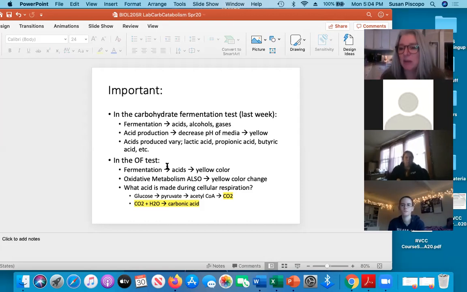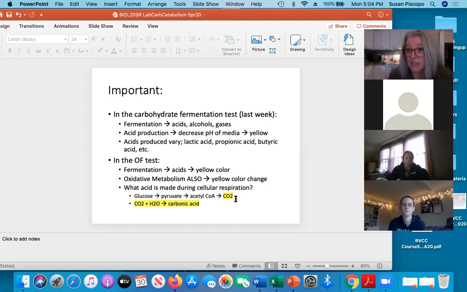We don't talk about cellular respiration in terms of making an acid somewhere, but it does. Remember the pathway all the way through. When you start with glucose and you go through cellular respiration, first it's converted to pyruvate, and then that pyruvate gets converted to acetyl-CoA, and then the acetyl-CoA gets converted to carbon dioxide.